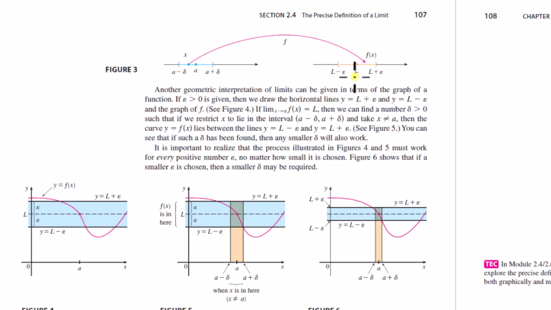All right, now, one thing to note is that according to this diagram, this epsilon that's specified is a distance both above and below the limit value. But in general, the specified epsilon doesn't have to sandwich the output from above and below. It could be the case that the epsilon is just a distance on just one side of L, just above or just below. Either way, the definition of the limit is the same idea.